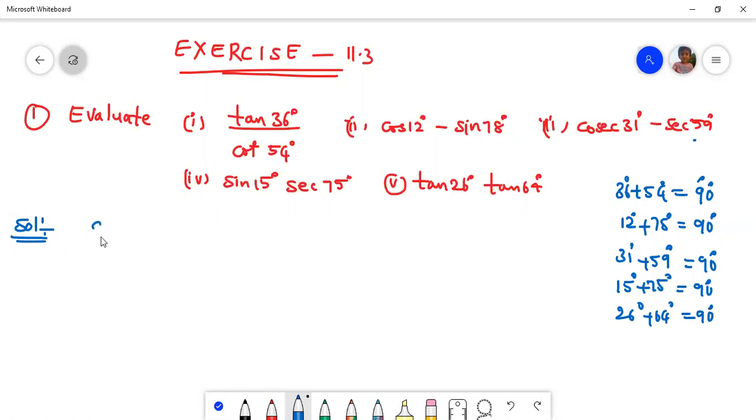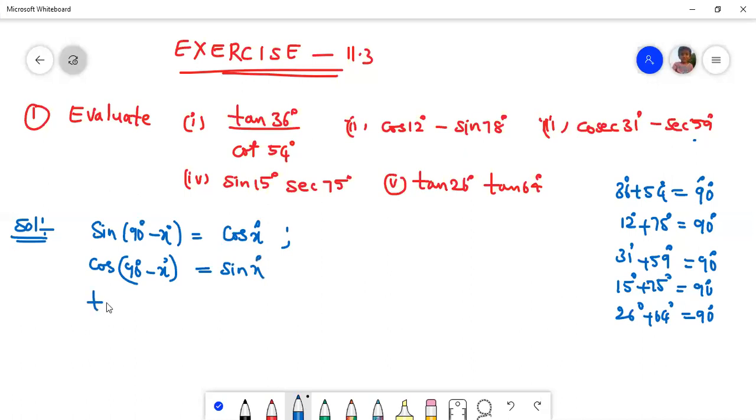You know that sine of (90 degrees minus x degrees) equals cos x degrees. Cos of (90 degrees minus x degrees) is equal to sine x degrees. Tan of (90 degrees minus x degrees) equals cot x degrees.